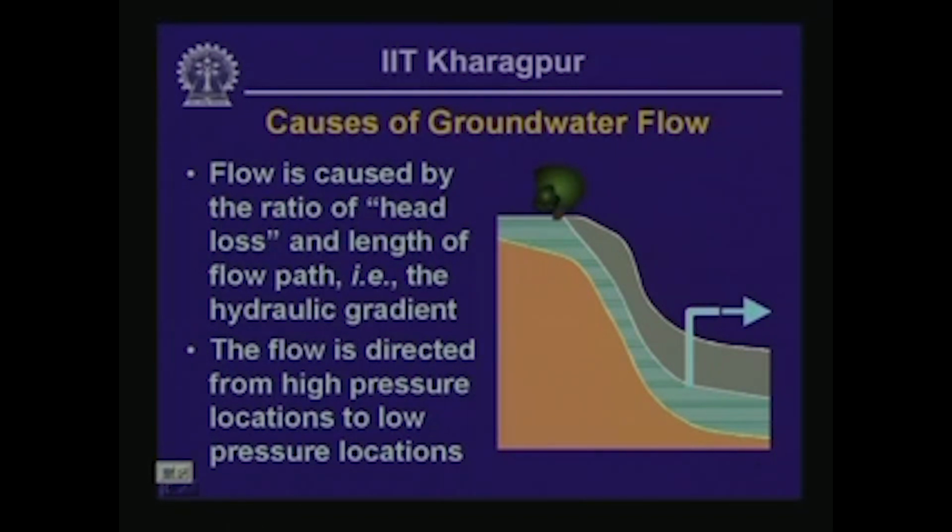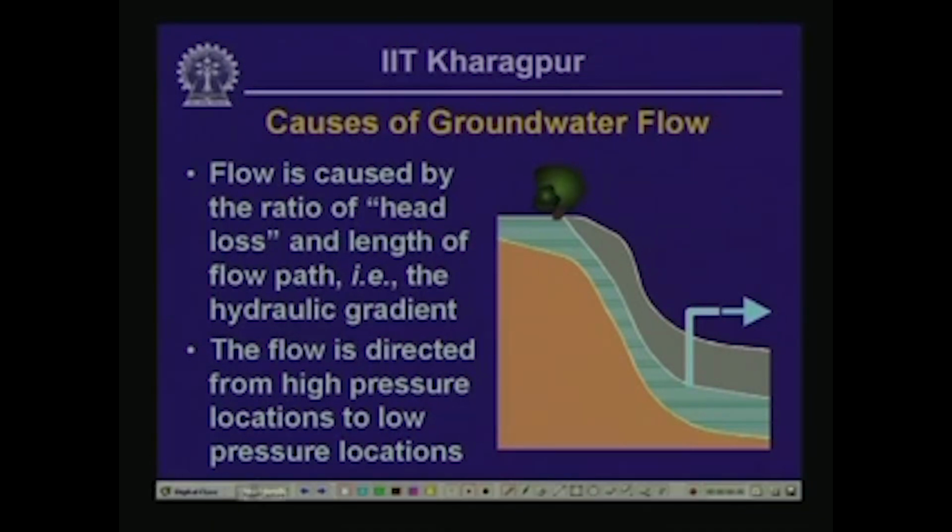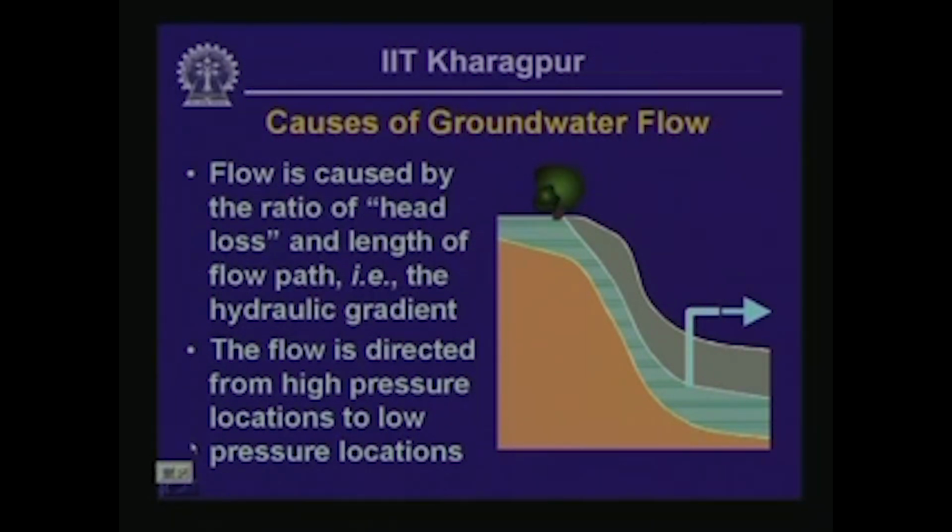Now, here again the flow is going to be caused by head loss divided by the length of the flow path, but in this case the head loss is going to be slightly different, and that is going to be given by these quantities.